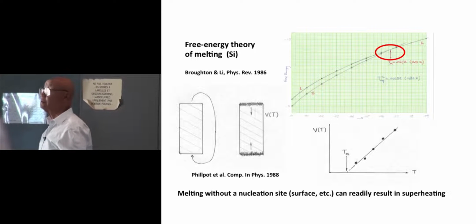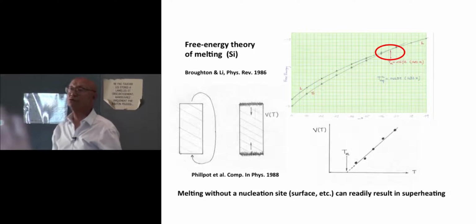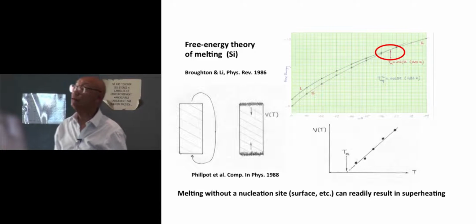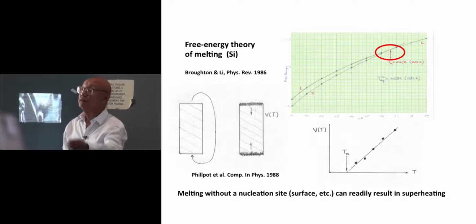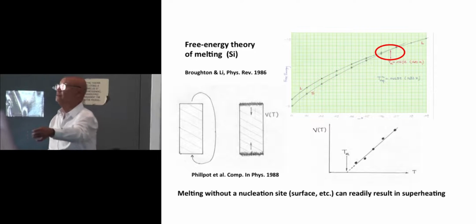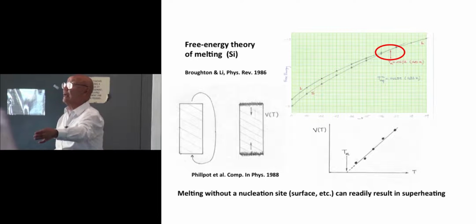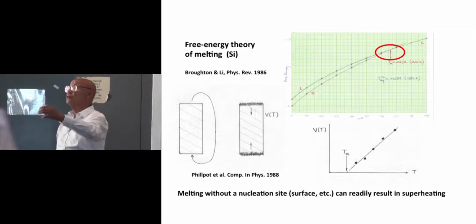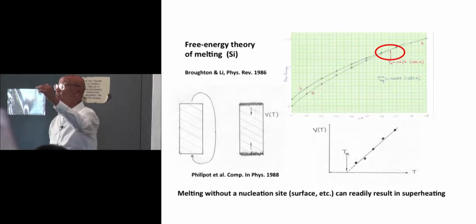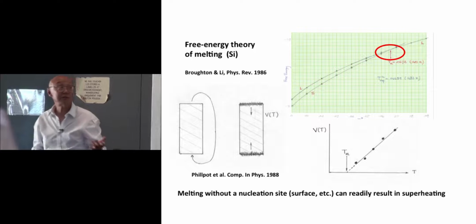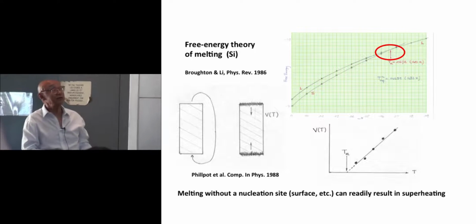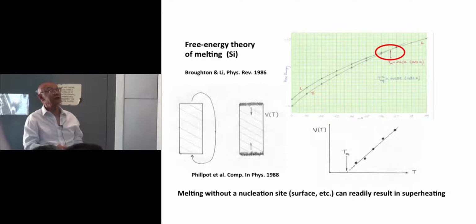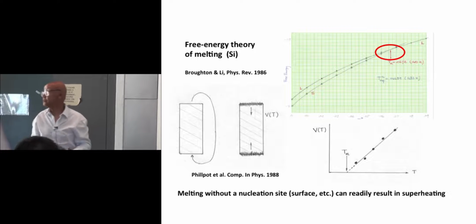In particular, there was a lot of discussion at the time about the role of surfaces. When you put something into an oven, that something is always finite size, so there is always a surface. And then the question is, how do we know that the melting didn't occur on the surface first, and then the crystal-melt interface simply propagates into the bulk? Well, you can investigate that with simulation, because you can simply do periodic boundary conditions in all three directions, in which case you eliminate the surface.